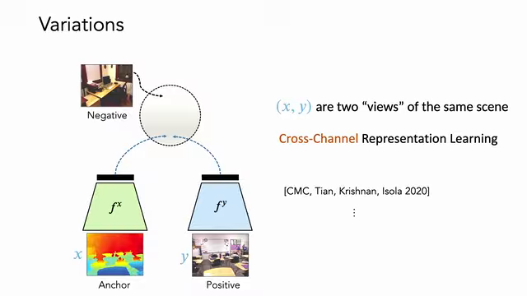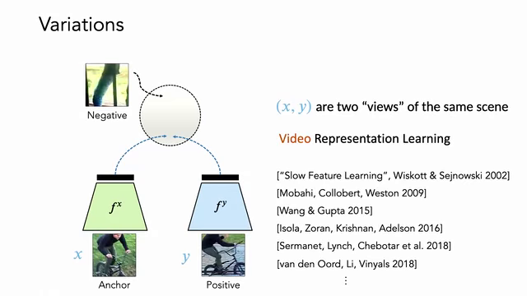So you can learn representations that capture something about scene structure by explicitly leveraging RGBD during training. Or you could think about representation learning over video, where you take frames randomly sampled from the same video as positives and a frame from another video as negatives. Now your model needs to learn something about potential similarity over time. And there are lots of different works that do this sort of thing.